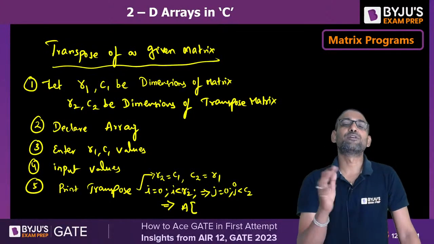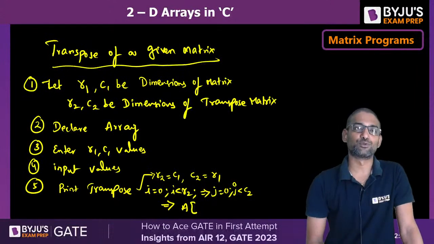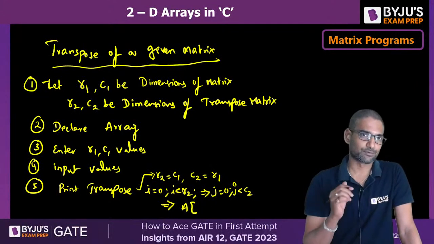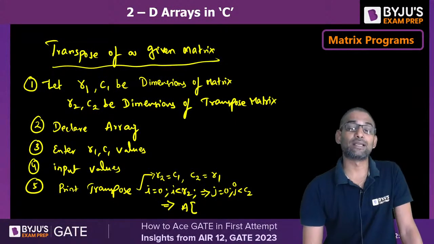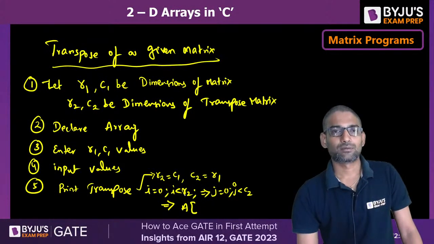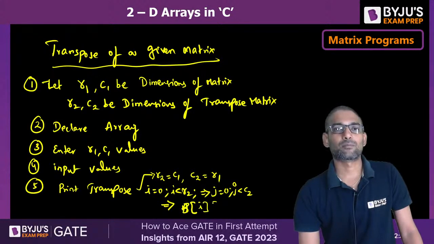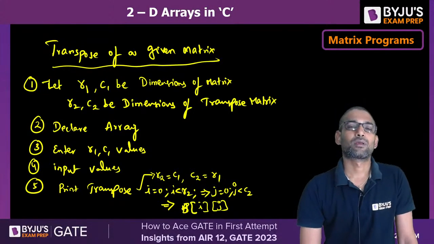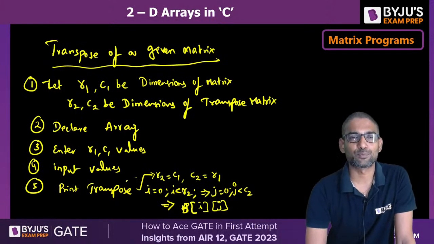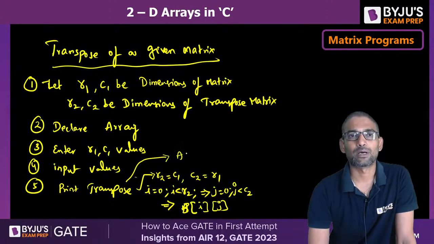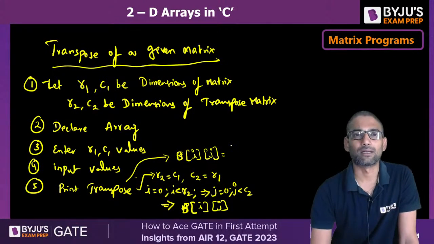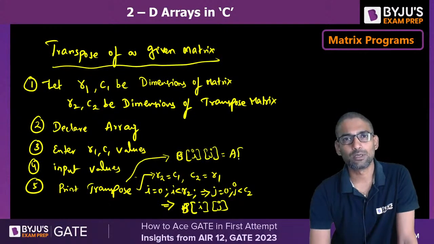I mean, if you give different dimensions, this is what you have to do, while printing. If you want to store the transpose, first you have to write B of IJ. Let's say B is the transpose matrix. Then B of IJ is equal to A of JI.